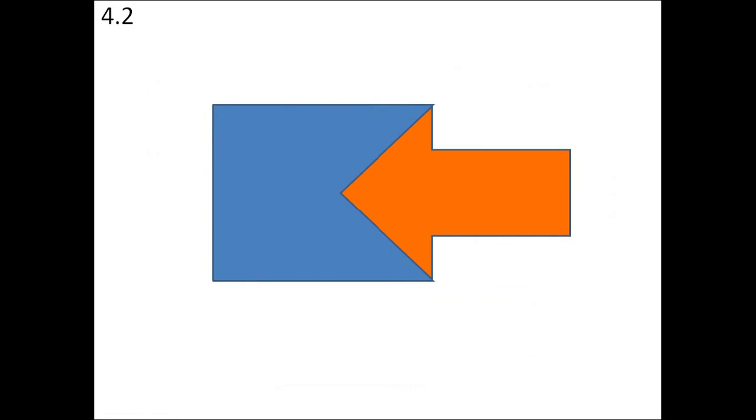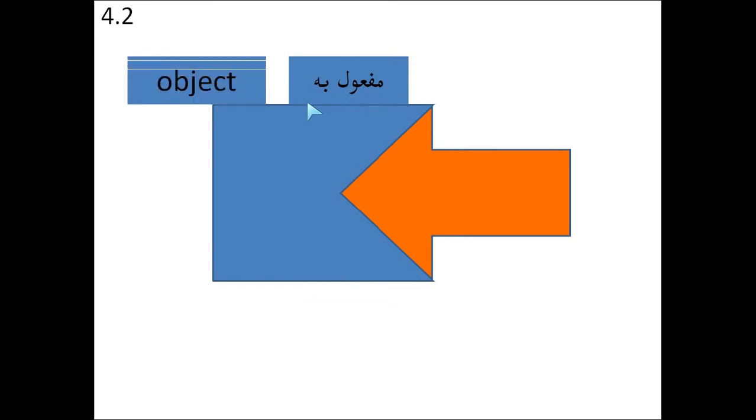So, let's analyze these basic sentences. On the right, the arrow signifies the verb, and the blue box with the indent signifies the noun upon which the verb is acting. We call this noun maf'ulun bihi, or in English the object.